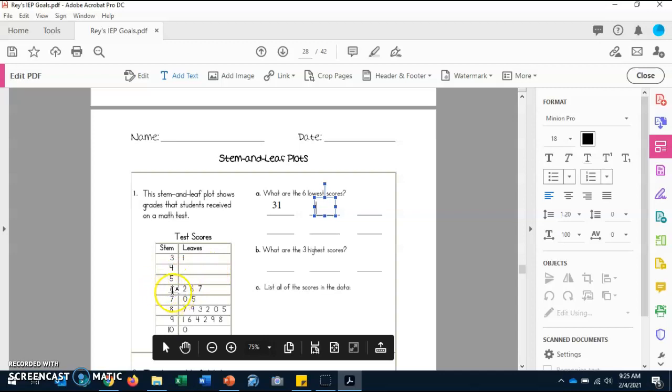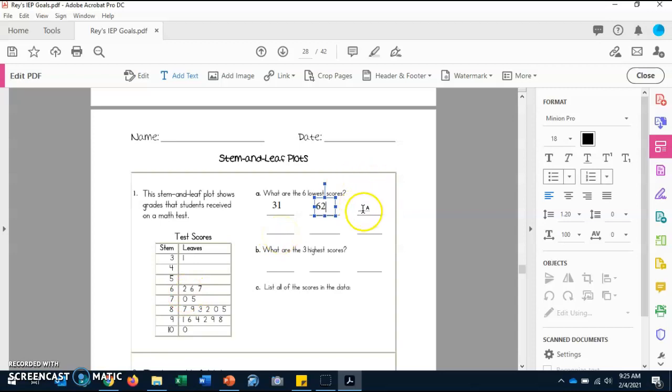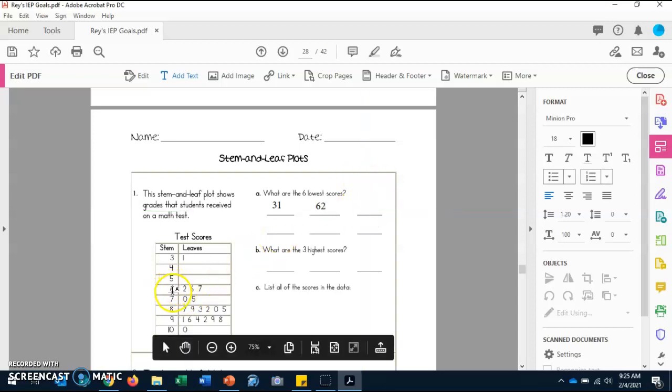How about in the 60s? Do we have students that got scores in the 60s? Yes, we do. So that would be our next lowest. So first we would start off with 62. And then our next number would be 66. And our next one would be 67. And we still have 2 more slots to fill.